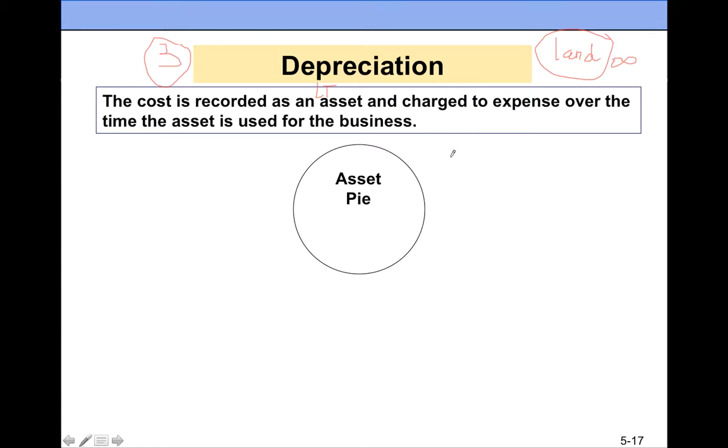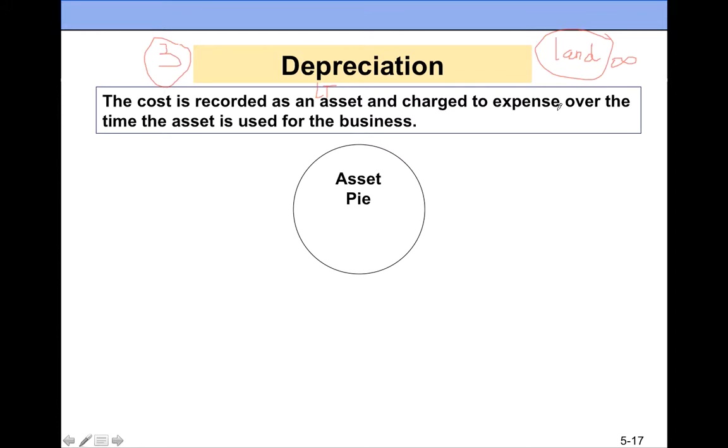I will be using this truck for 10 years. It will help me generate sales and revenue for 10 years. So I should take that $20,000 and I should spread it over the life of the long-term asset. And I will depreciate it, expense it out every year for the remaining life of that asset.